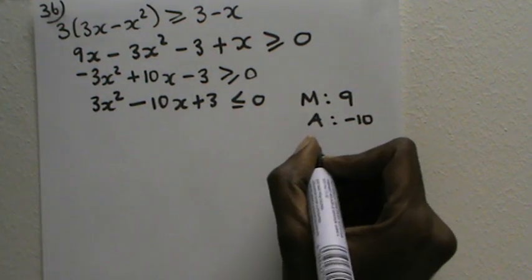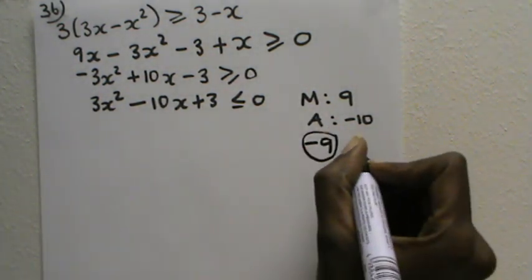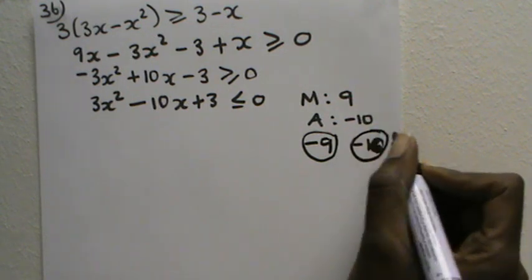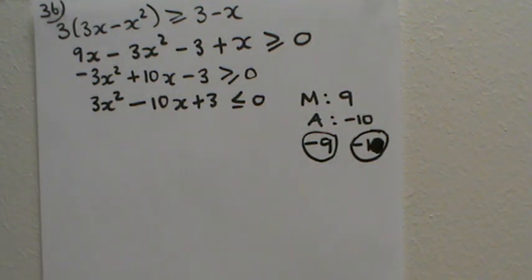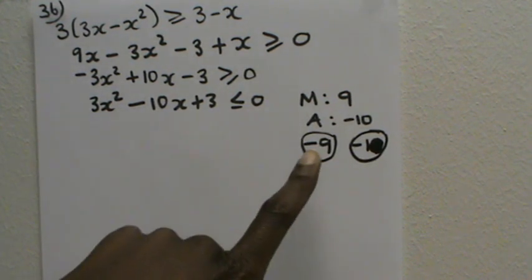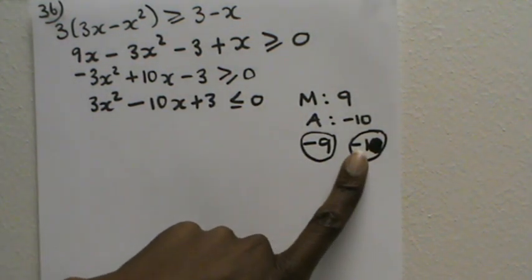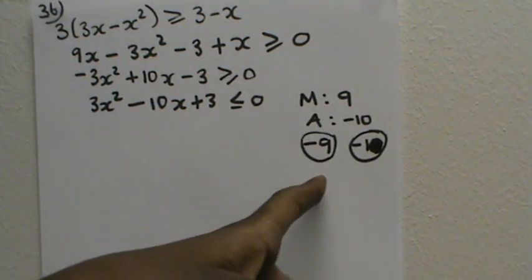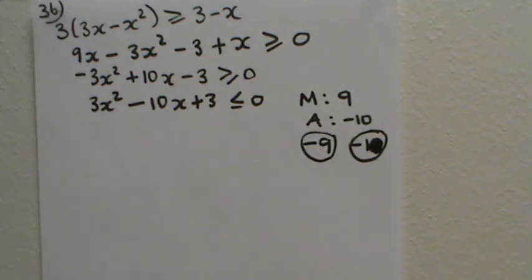Okay, so not negative 10. So when I multiply these two, negative 1 times negative 9, the answer is positive because the negative times the negative is positive. I say negative 9 plus negative 1, that is equal to negative 10.